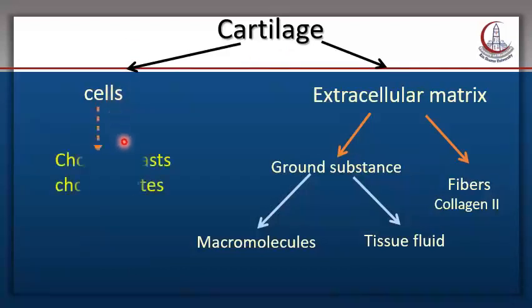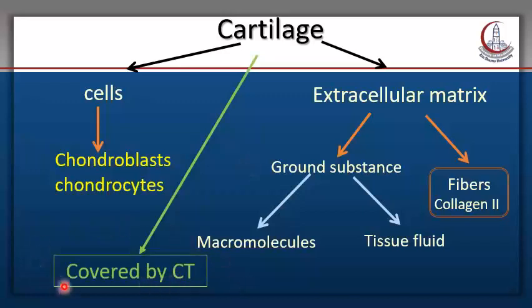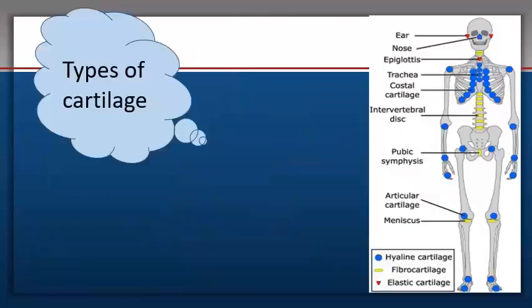Cells of the cartilage include chondroblasts and chondrocytes. It is very important to know that the type of collagen fibers of the cartilage is collagen type 2. Today we are going to discuss the chondroblasts and chondrocytes. The cartilage is also characterized by being covered by connective tissue, which is called perichondrium.